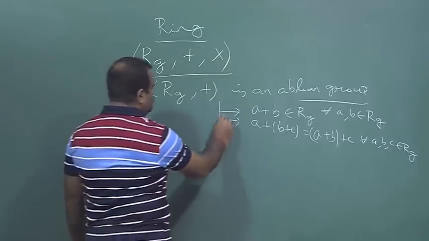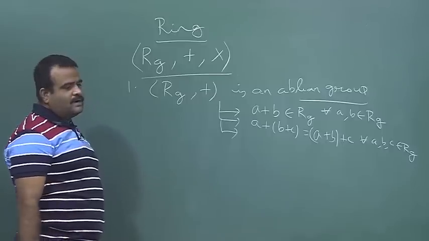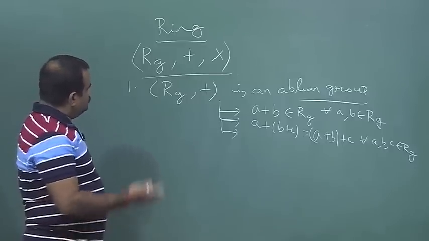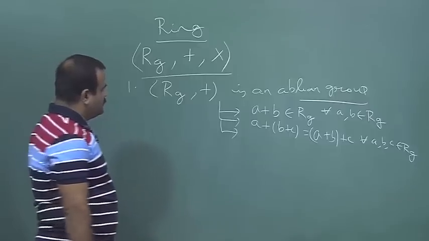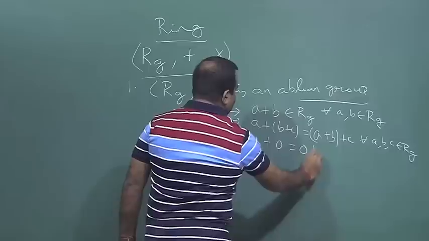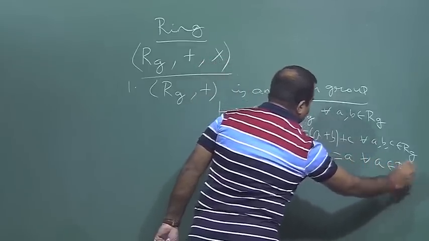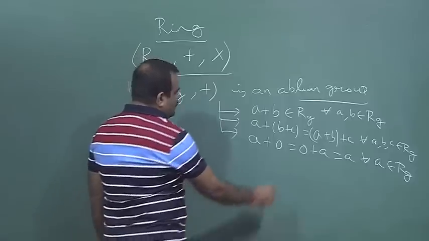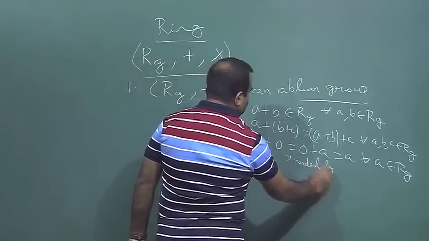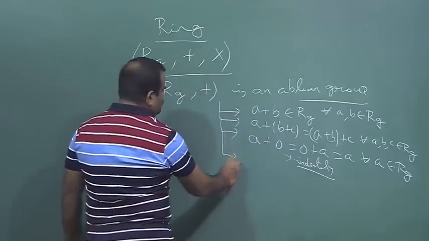And the third one is existence of identity. So, there must exist an identity element E, which for the additive sense is referred to as 0. So, A plus 0 is equal to 0 plus A is equal to A for all A belonging to this set, and this is basically the identity element under the plus operation. And then the existence of inverse.